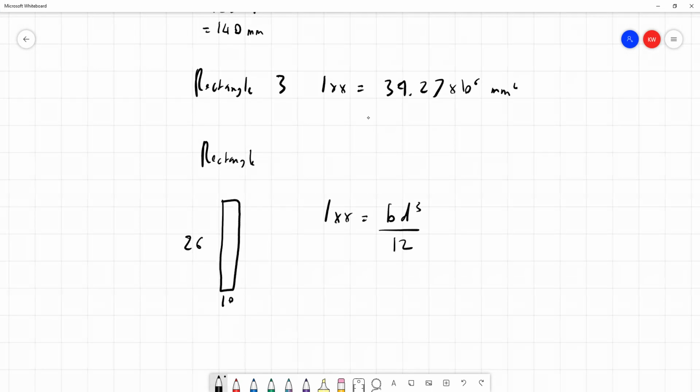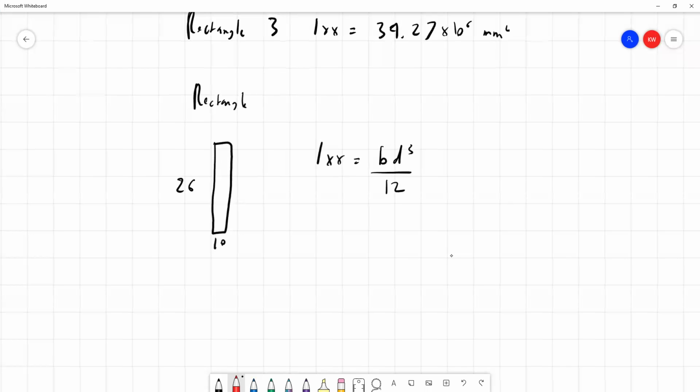We don't need to consider the plus AC squared. Okay, we can work out A, but C is going to be 0, and anything multiplied by 0 is 0. So for the middle section, it's just a standard rectangle problem. We have our values for B and D, so we can write this in.